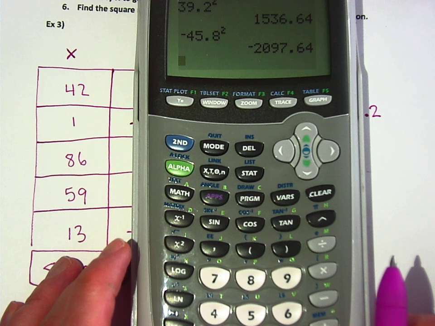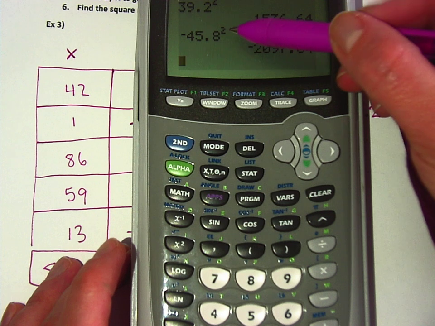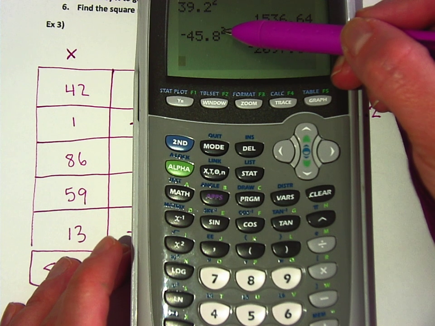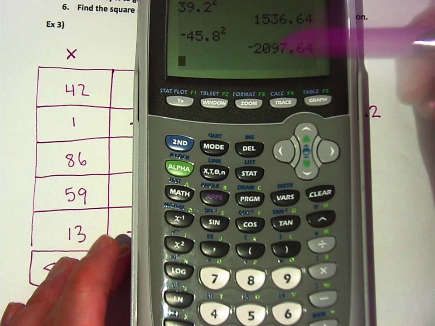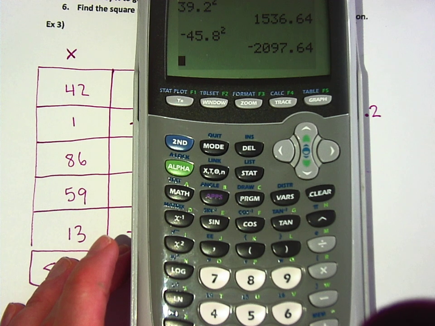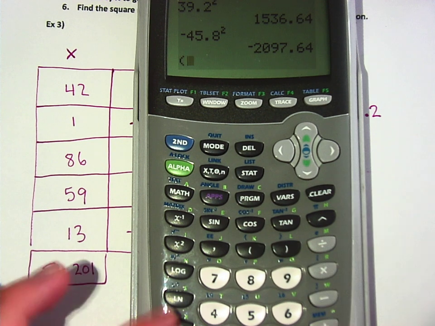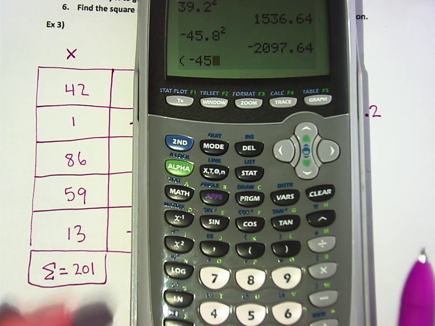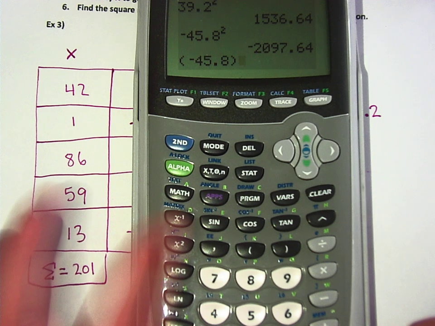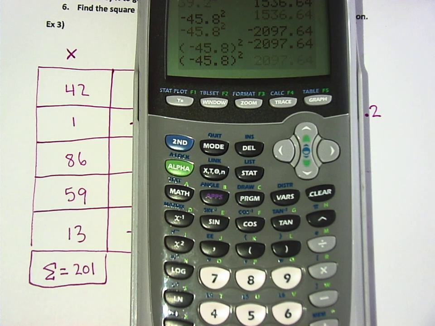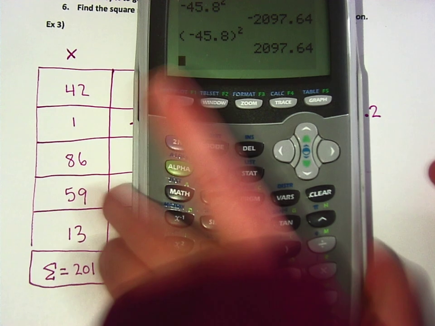And the reason why is because your calculator is stupid. Calculators are going to do order of operations, which means first it will square the 45.8, and then it will multiply by a negative 1. So it's doing the squaring first, and then treating the negative out front like a negative 1. If you put parentheses around it and say negative 45.8 in parentheses squared, then it will square all of it and it will be positive.